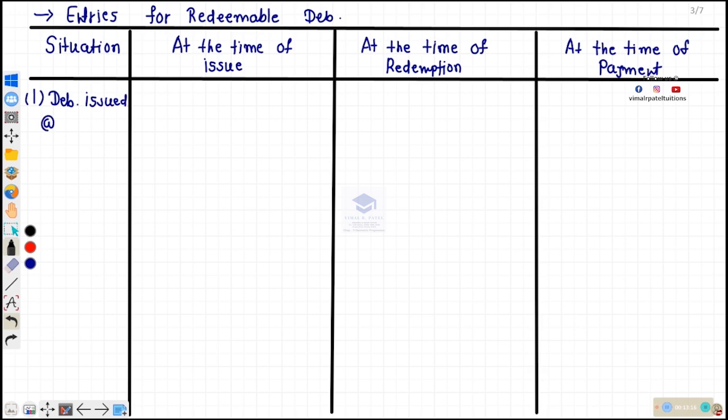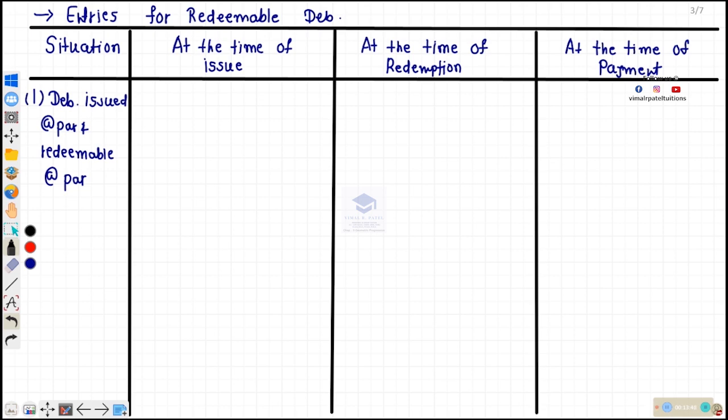Debenture issued at par and redeemable at par. Means 100 rupees debenture is issued at 100 rupees and company will refund 100 rupees as well. So company is issuing debenture at nominal price and repaying it at nominal price 100.